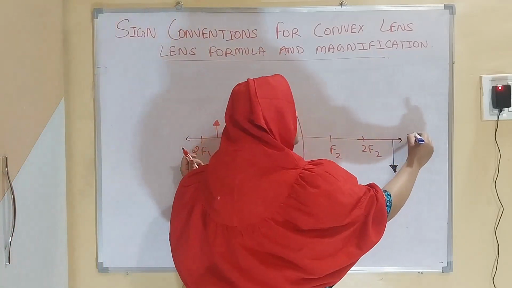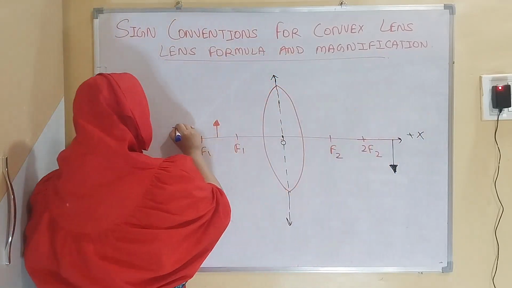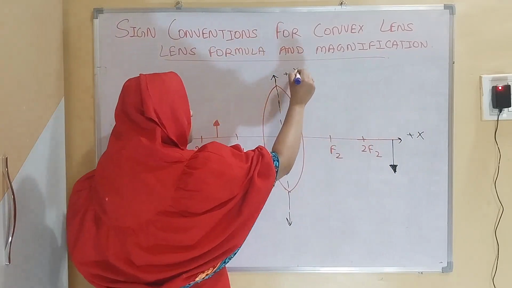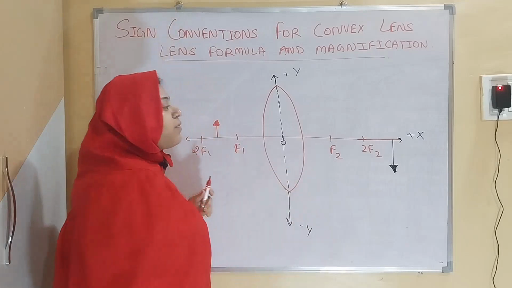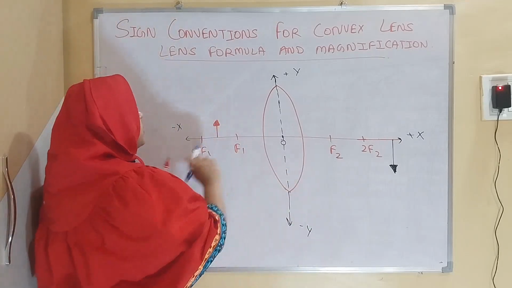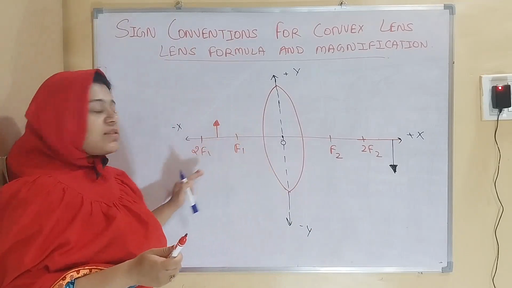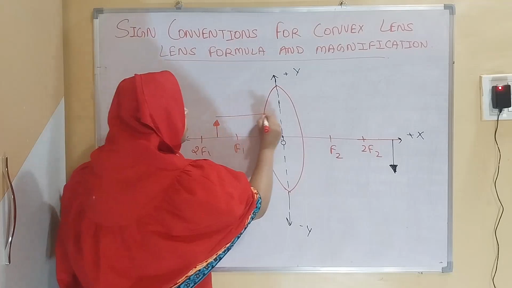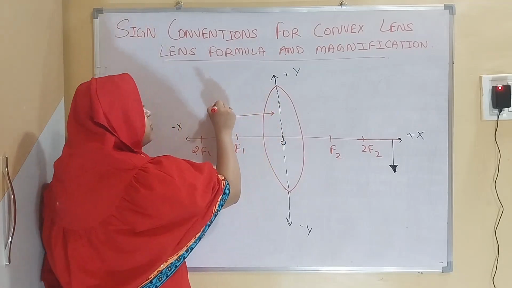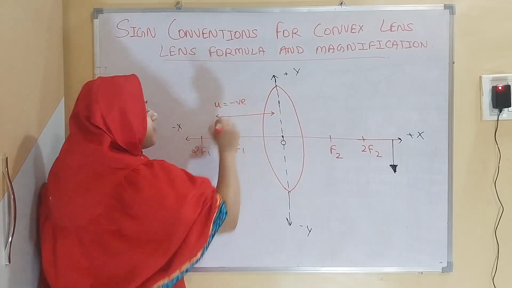This is the positive x-axis, this is the negative x-axis, this is the positive y-axis and this is the negative y-axis. Okay. So the object is towards the negative x-axis from the origin. So the object distance u will be negative.